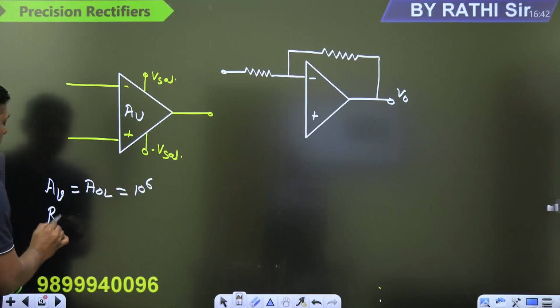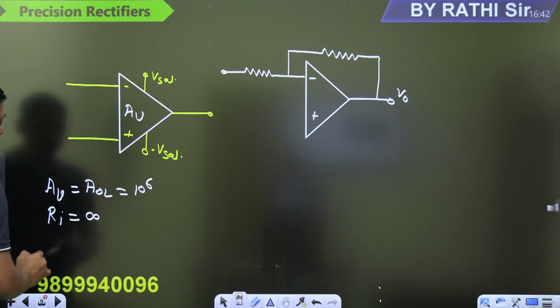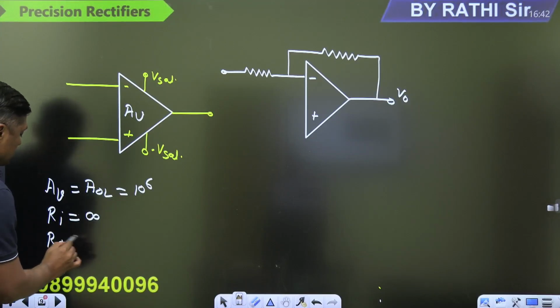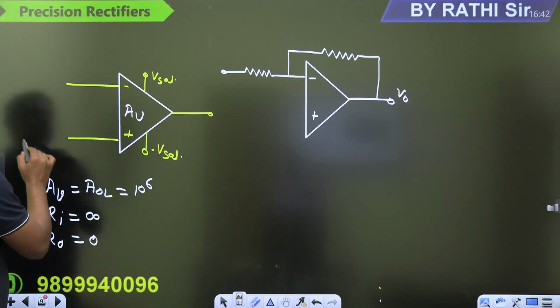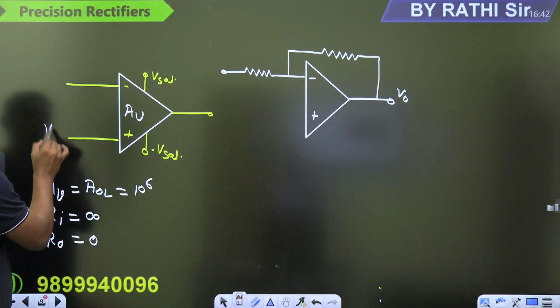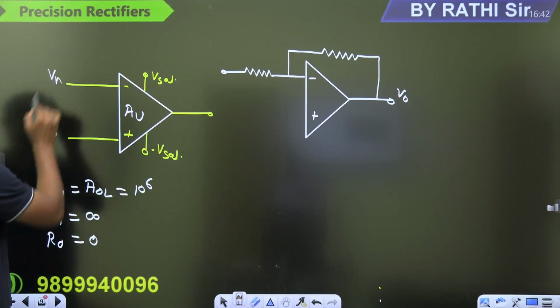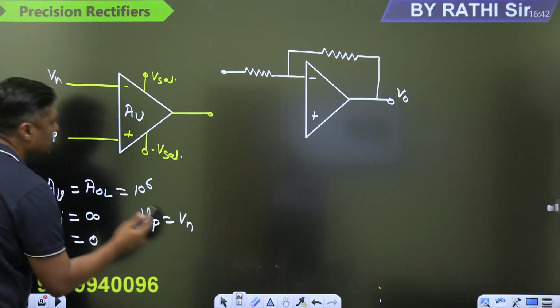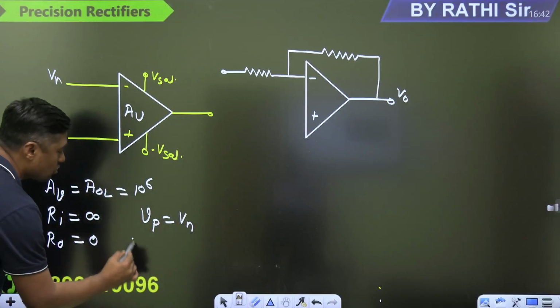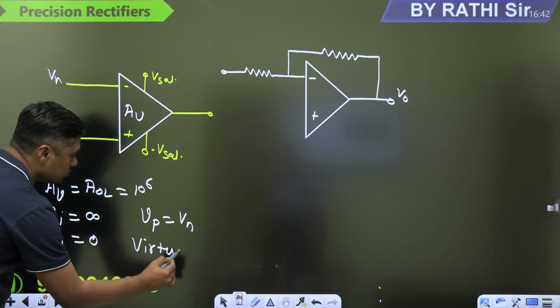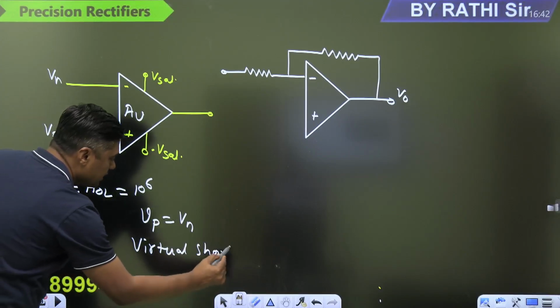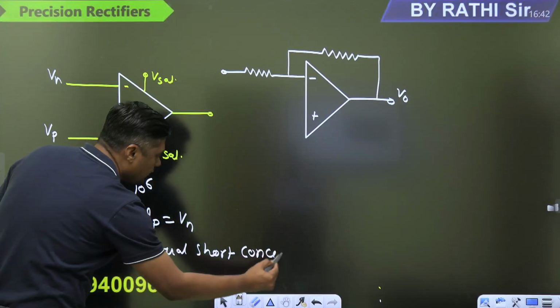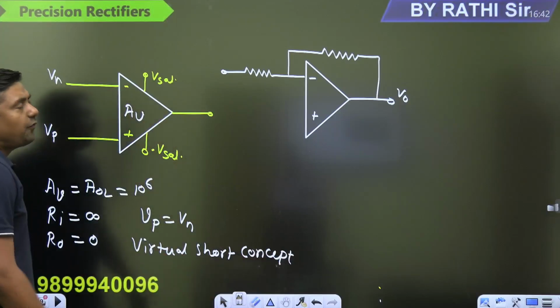Input resistance is ideally infinite, and output resistance is 0. And we are using one concept that is called the virtual short concept. What is the virtual short concept? Vp is equal to Vn. The negative terminal is equal to the positive terminal, and that is called the virtual short concept under ideal condition, for an ideal operational amplifier.